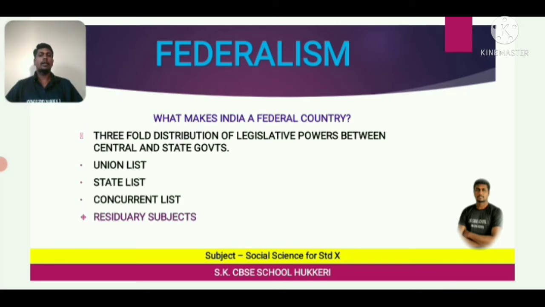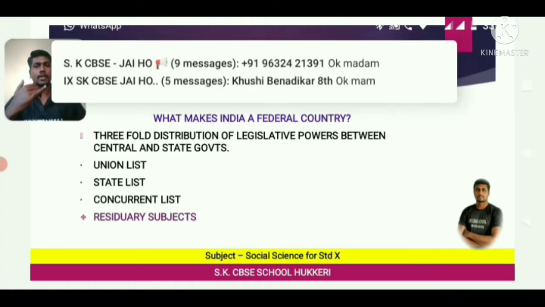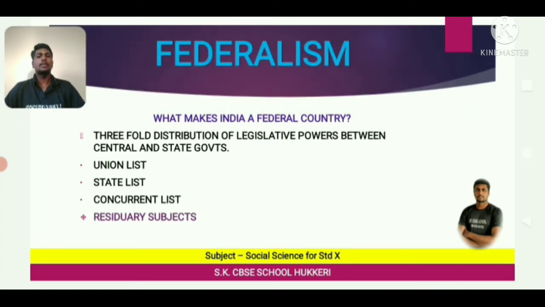For example, defense of the country, national defense, protection of the country, army, as well as foreign affairs, banking, communication, as well as currency. All these subjects are there in the union list.